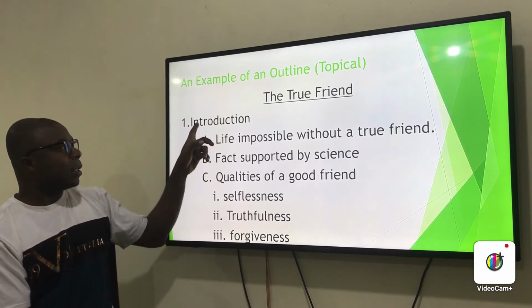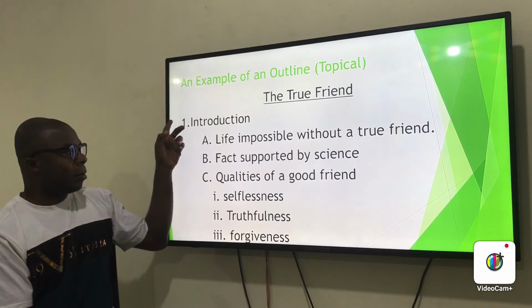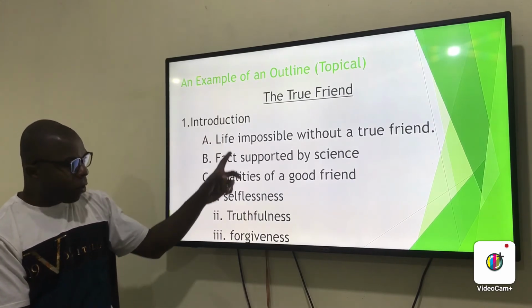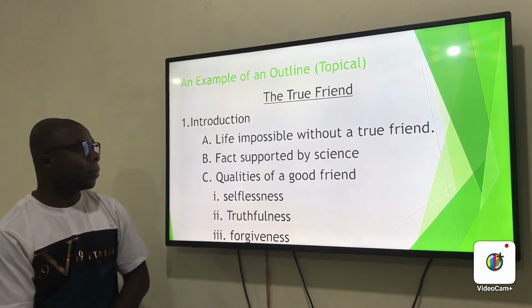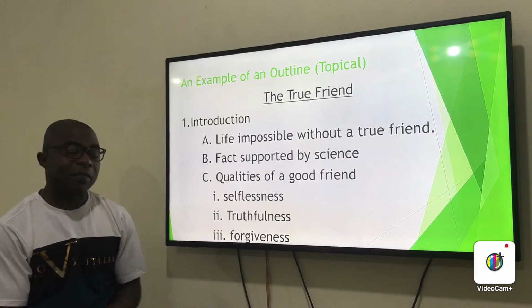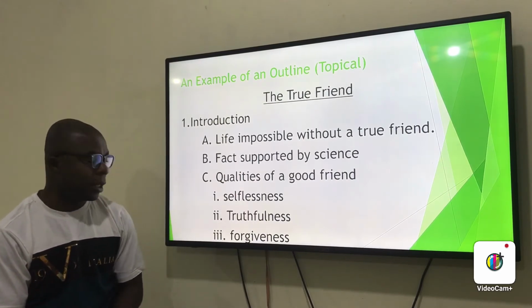We have introduction. This is the topic one, the introduction. Under the introduction, we have all these things. And then we have the qualities of a good friend, and specifically outlined as selflessness, truthfulness, and forgiveness.